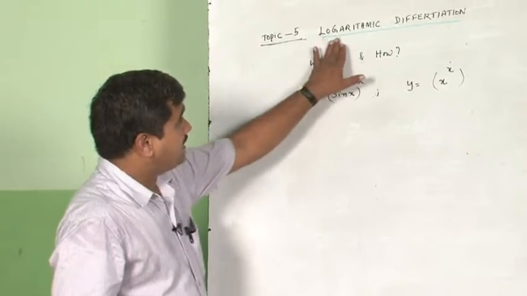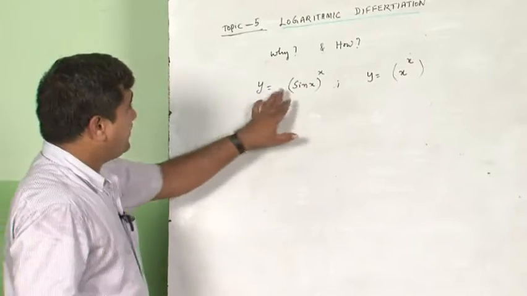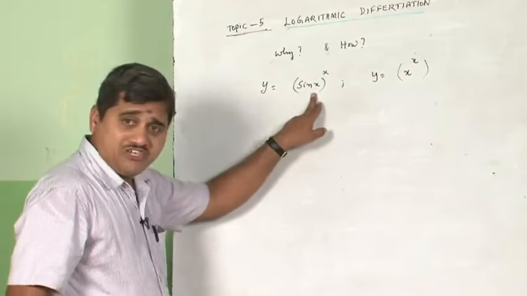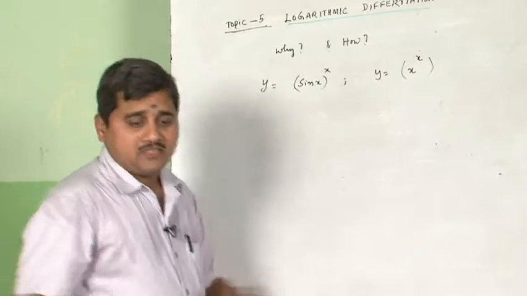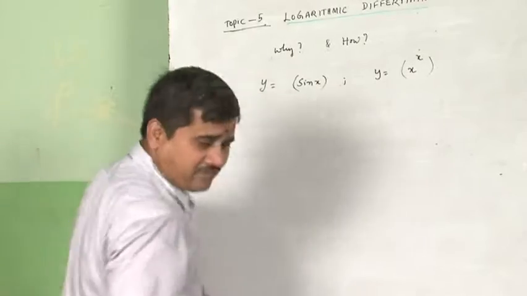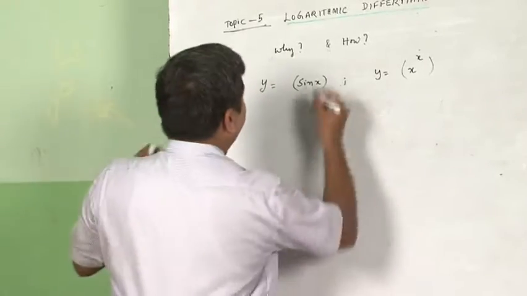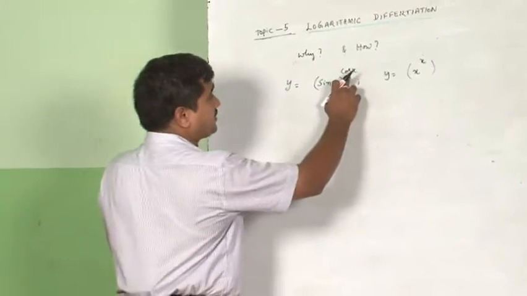Here logarithmic differentiation is mainly used when the function that is to be differentiated has another function in its exponent. See, here I have already taken sin x. Instead of x, say for example, I take cos x. Why? Because the function is on the top.